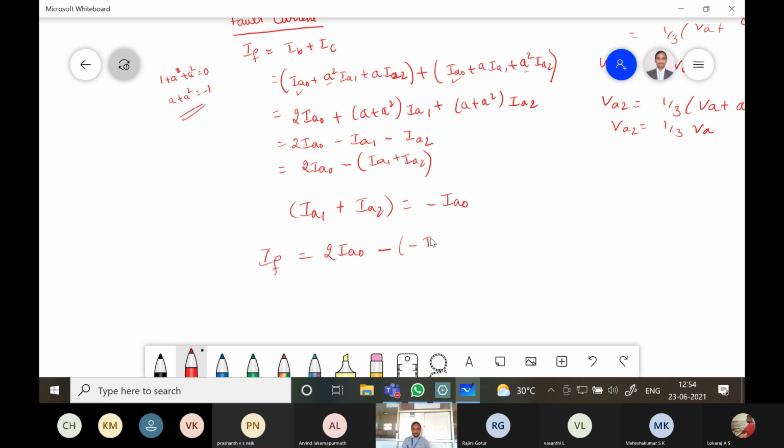So minus of minus IA0, this becomes 3 IA0, which is equal to your fault current.